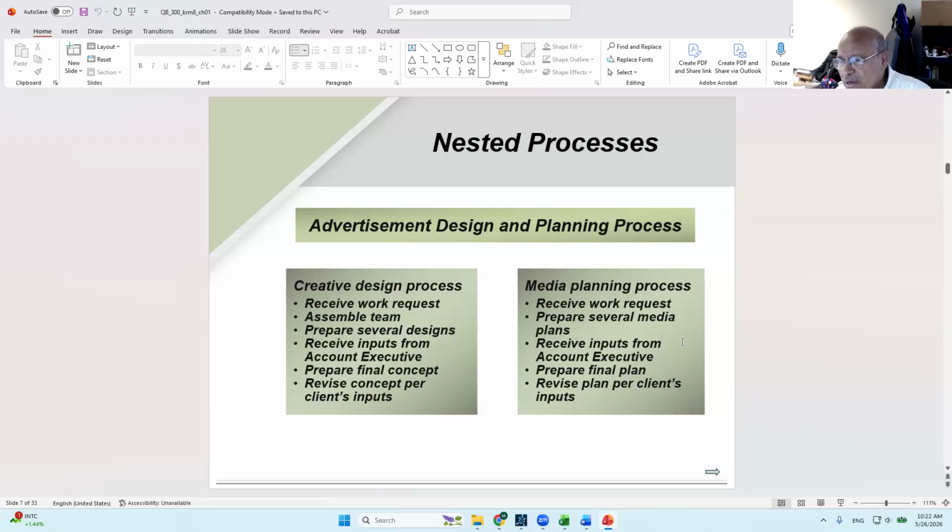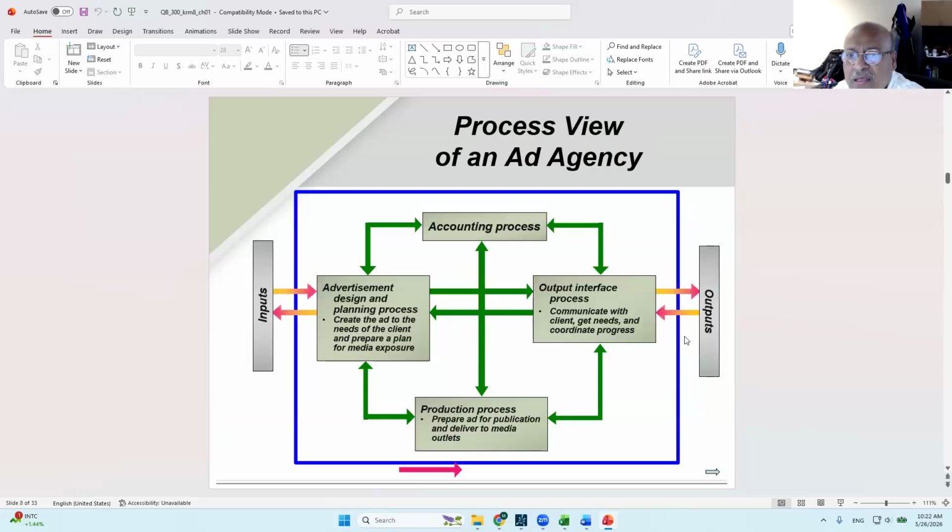Similarly for media planning process. Now, ad agency. Think of the ad agency as, like I said, you can think there is some input coming and there is some outgoing output. In the ad agency, think about that process. So what could be the input?